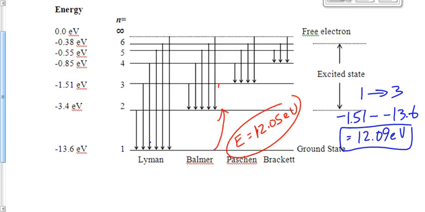All I need to go from here to here is 10.2. But if I have 12.05, I can still go from here to here. I just have a little bit of energy left over. I get to put it in my piggy bank when I get home. But I can't go to the next level unless I have enough energy to go to the next level. And it's not just a matter of, oh, it's really, really close, it rounds to that. We can't do that.